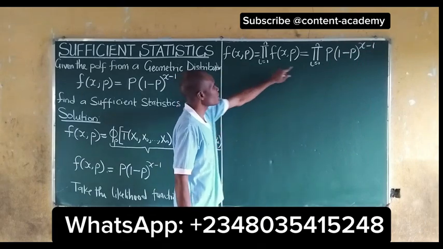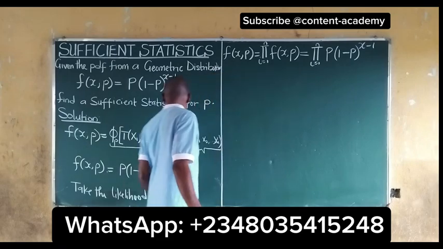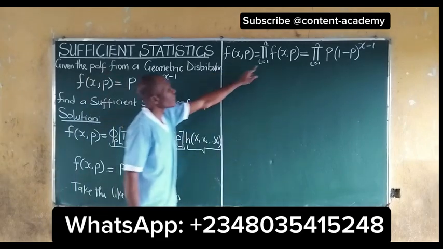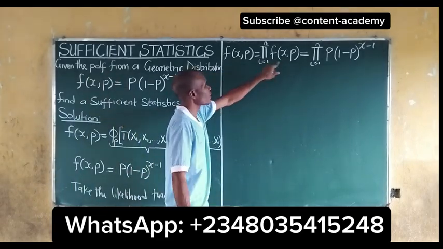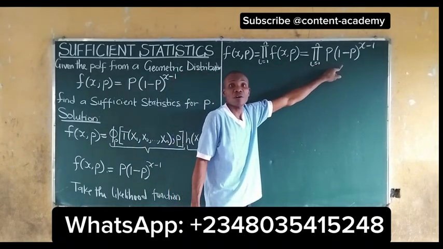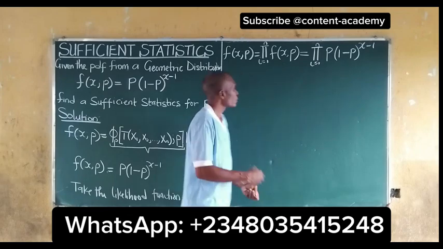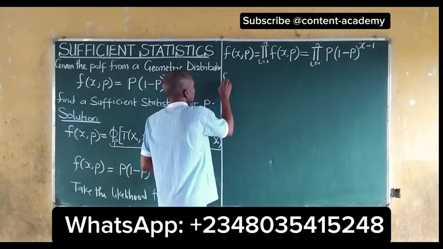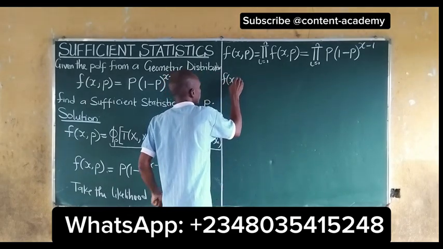So the likelihood function we talked about is taking the product of the PDF given. The next thing to do is to take the product.